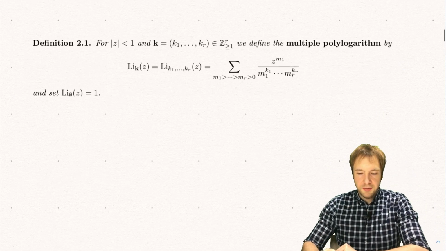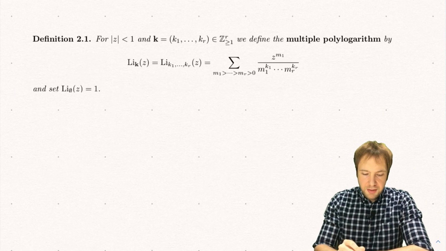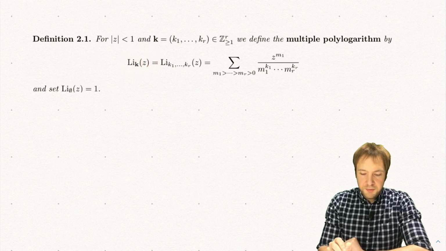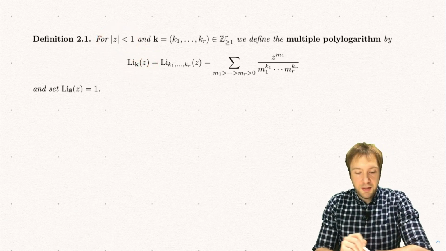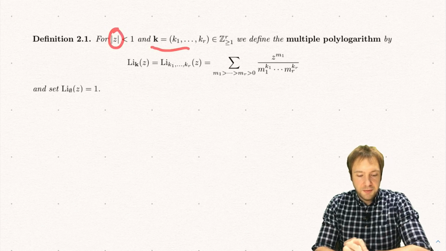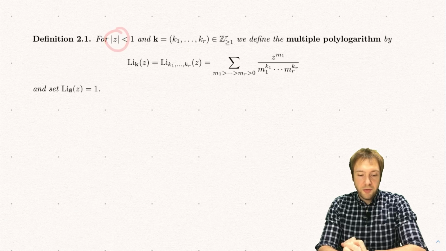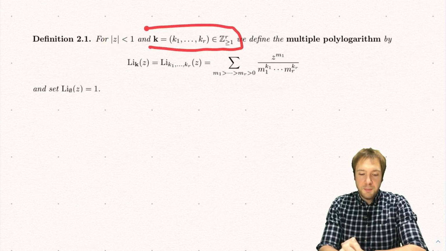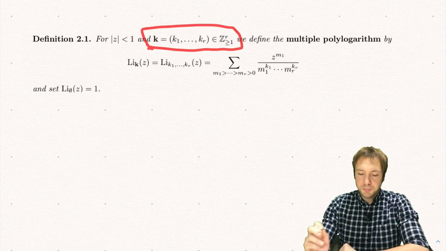So we define the multiple polylogarithm Li of some index k of z, where this sum makes sense for a complex z in the open unit disk, and since the absolute value of z is strictly smaller than 1, this makes sense for any index k, so this k doesn't need to be admissible.